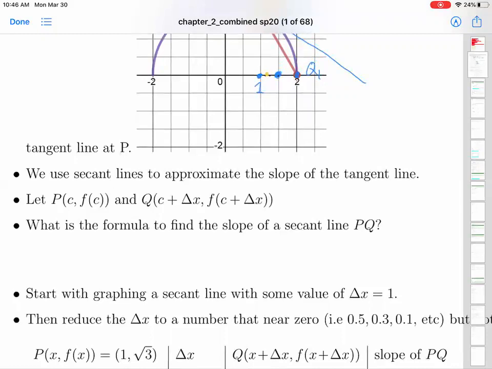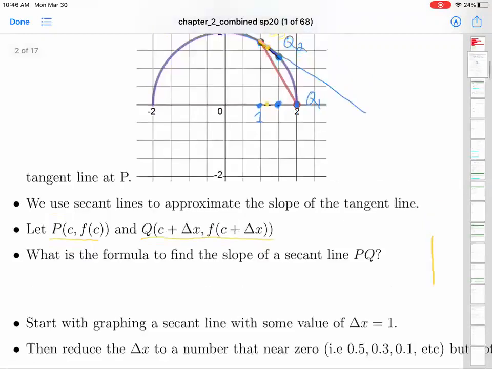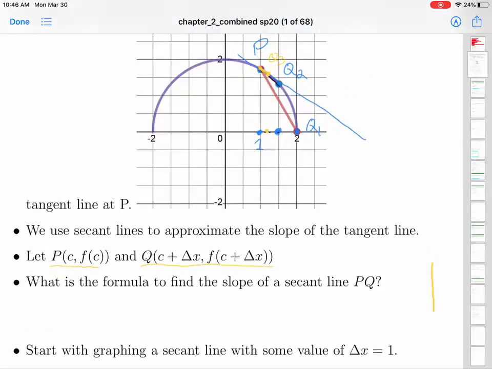If you have the points P and Q, P is the original point. The X value is C and the Y value is f of C. And Q is a new point, right?